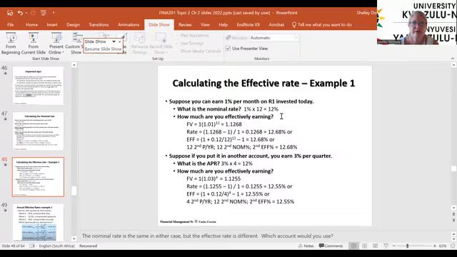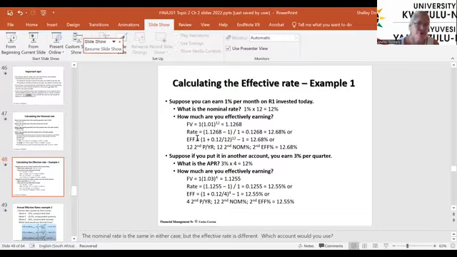It's already been done for us because they gave us 1%, the periodic rate. You could work out the rate of return by just comparing the 1.1268 that you actually get with the R1 that you originally invested. So you make a 12.68 cent return, which over your R1 that you started with is a 12.68% return.